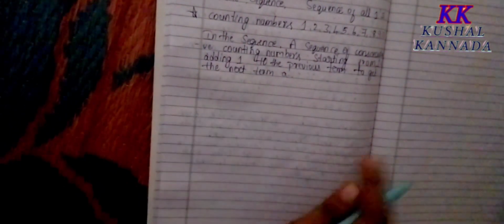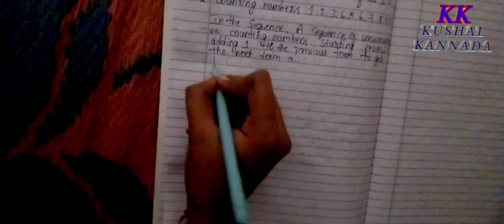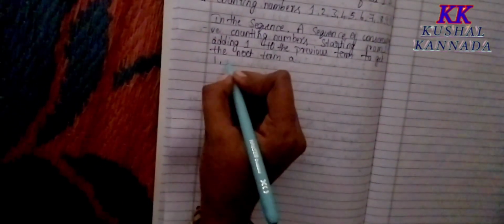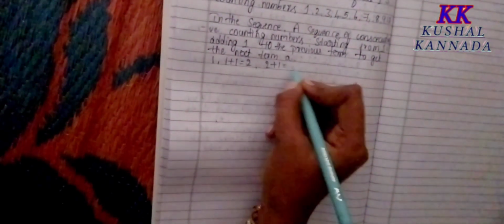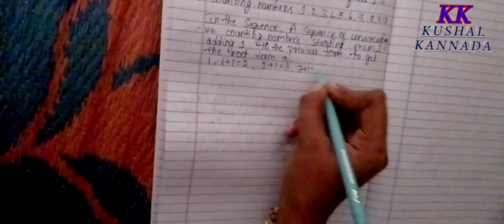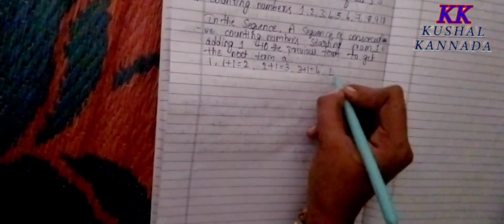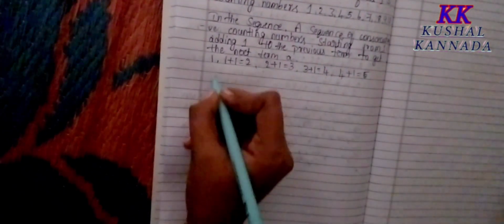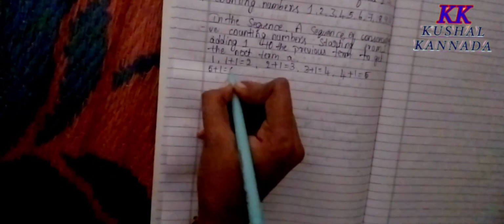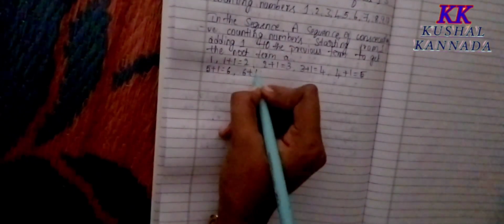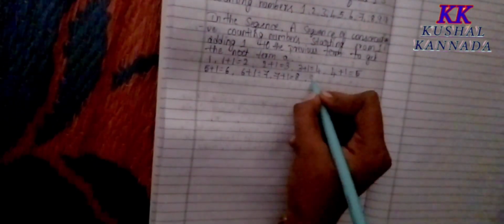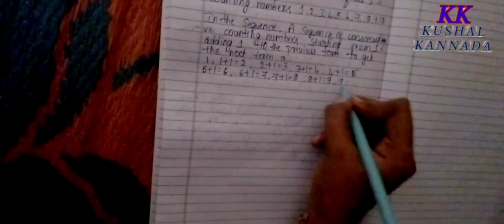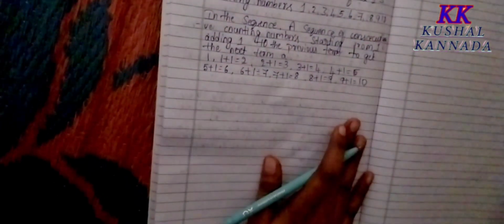As you see, first one is 1, next 1 plus 1 is equal to 2, right? 2 plus 1 is equal to 3. 3 plus 1 is equal to 4. 4 plus 1 is equal to 5. 5 plus 1 is equal to 6. 6 plus 1 is equal to 7. 7 plus 1 is equal to 8. 8 plus 1 is equal to 9. 9 plus 1 is equal to 10. So these all are counting numbers.